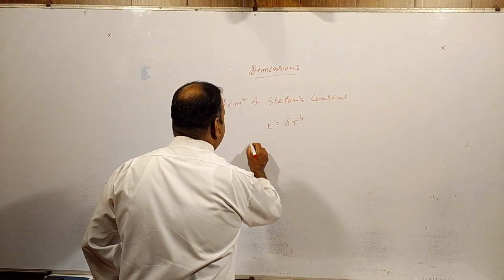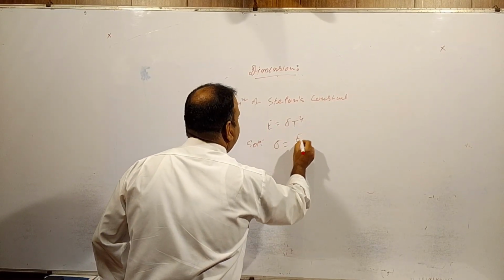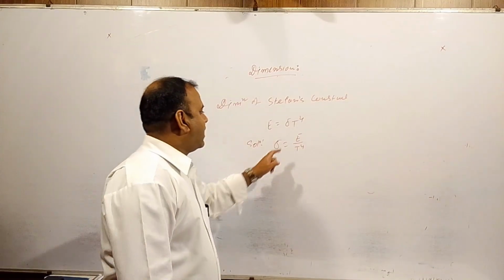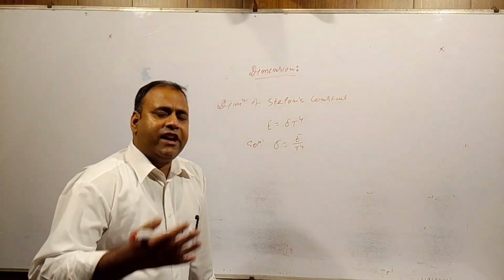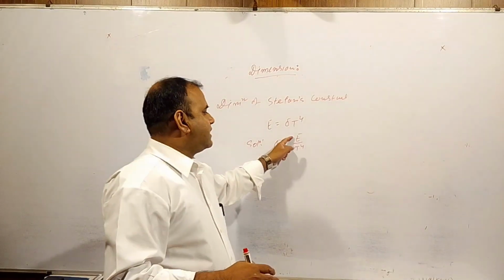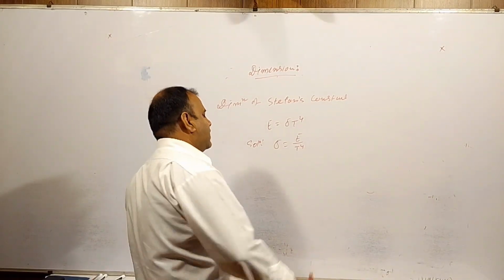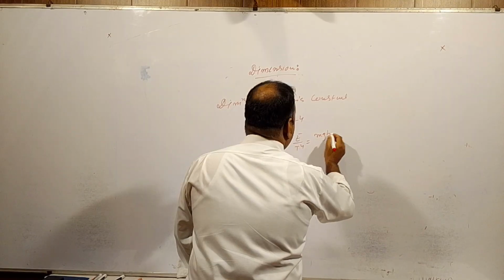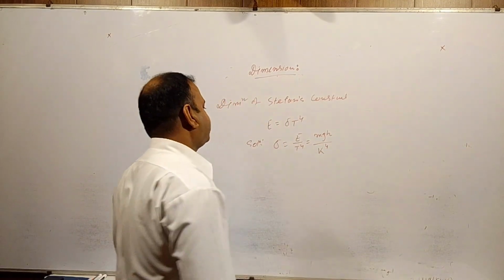In this solution, you can see the dimension of sigma is equal to E divided by T to the power 4. Dear students, you remember energy: in this case you can use mgh, or half mv square, or force into displacement. A lot of formulas are there, so you can use any one. I am considering mgh divided by Kelvin to the power 4.